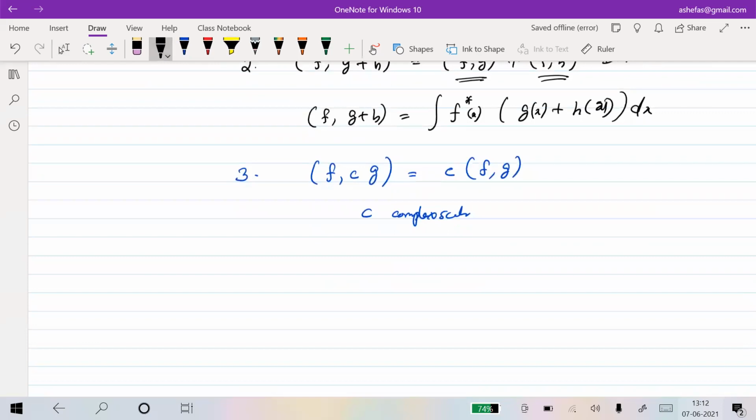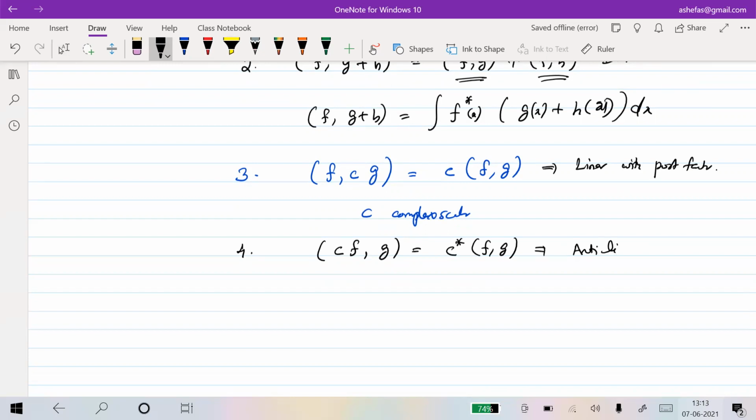Now the next is important. If you multiply the c with f instead of g, with the pre-factor, then (cf, g) is equal to c star times (f, g). So it is linear with the post-factor, and this means anti-linear with the pre-factor.